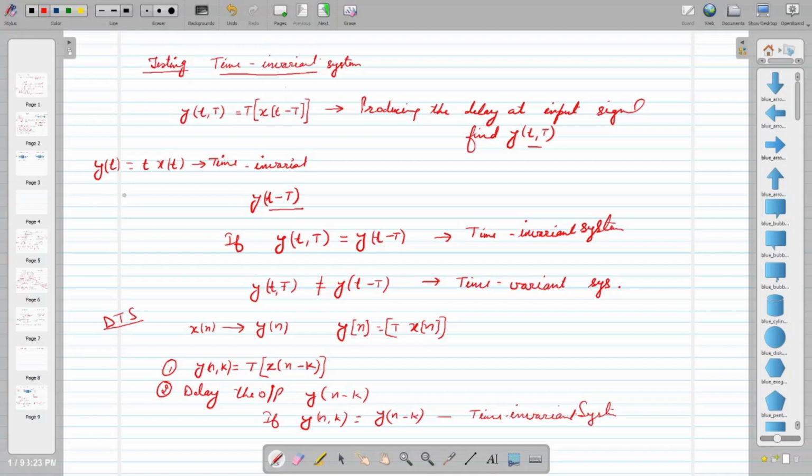Another kind of representation, for example, y(t) = x(t) squared, is an example of a time variant system. So we will have many numericals on the basis of these representations, and we will explain all the numericals in the coming session.